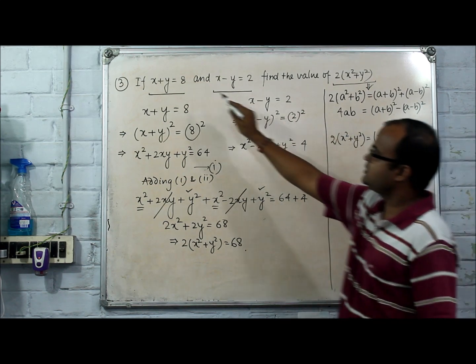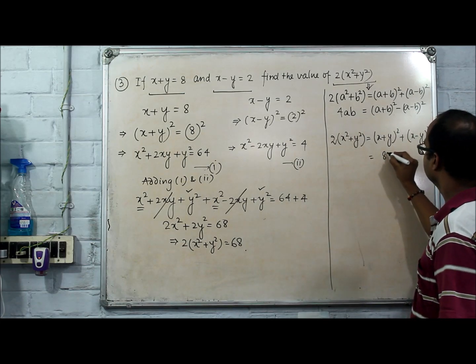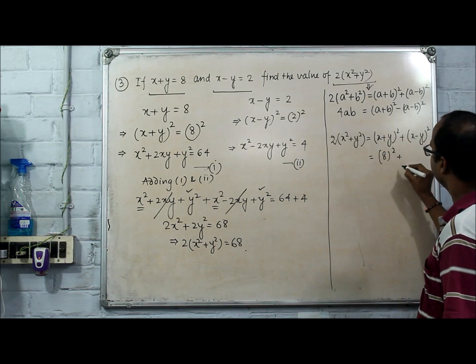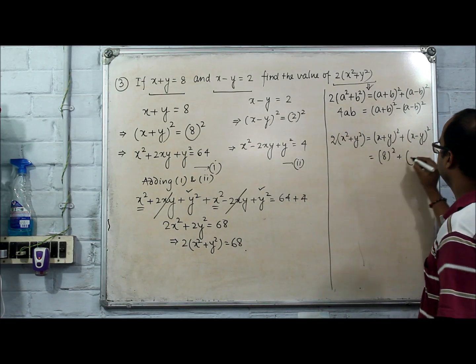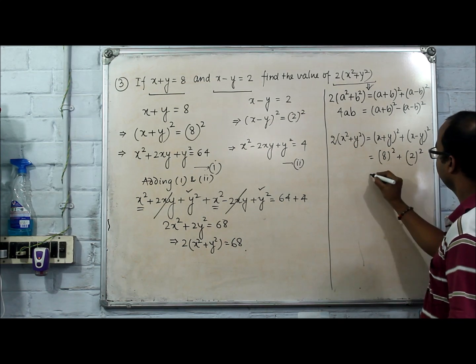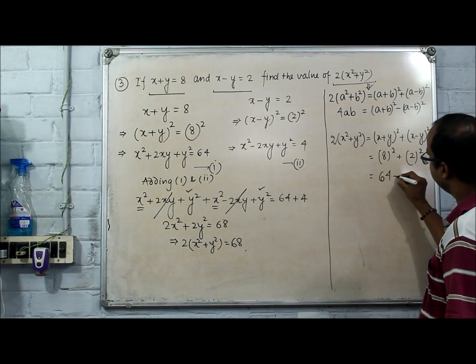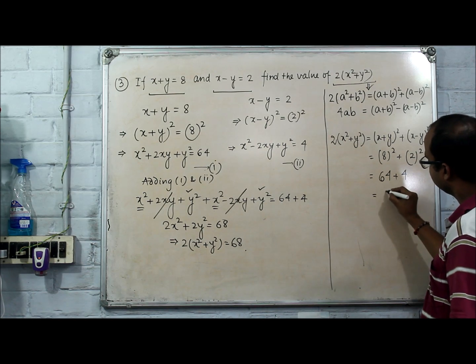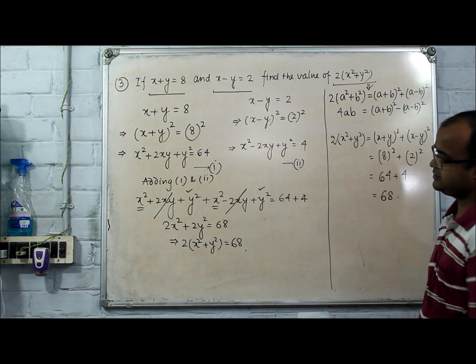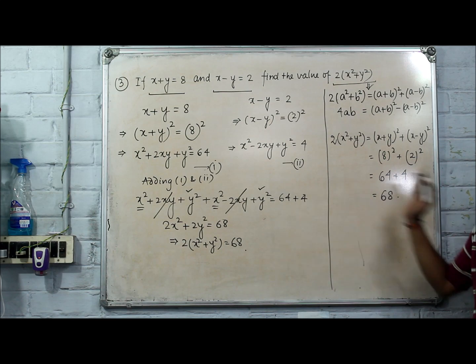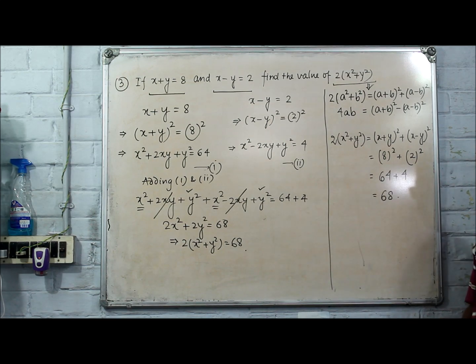Now x plus y is given as 8, so 8 square plus x minus y is equal to 2, so 2 square. So 64 plus 4 is equal to 68. So either way you can solve the problem.